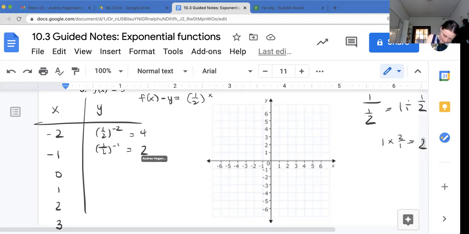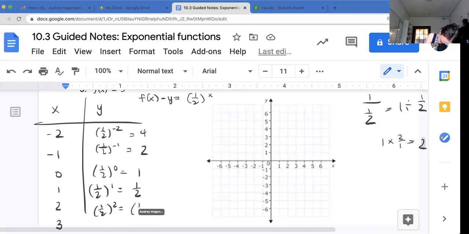All right, then we have 1/2 to the 0, anything to the 0 is 1. Then we have 1/2 to the 1, anything to the 1 power is itself. Then we have 1/2 squared, which is equal to 1/2 times 1/2, which is equal to 1 over 4.